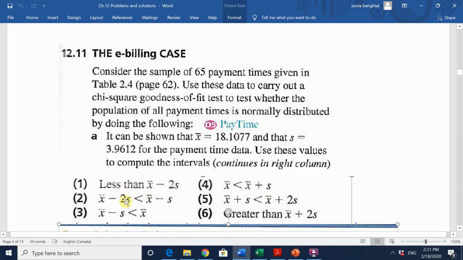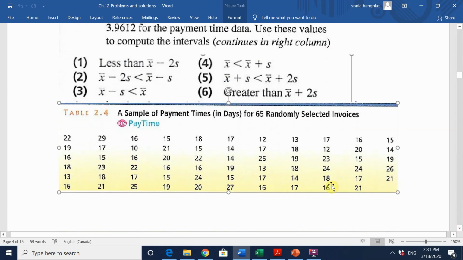Now notice here that these intervals are non-overlapping. In other words, the data points that I have below here, these 65 data points, I should not have a data point that lies in, say, this interval and that one, right? A data point can only lie in one of these 6 intervals at a time. And also, these intervals are mutually exclusive, so non-overlapping and mutually exclusive.